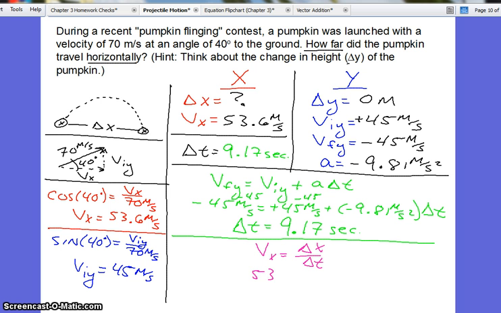Vx is 53.6 meters per second. Time is 9.17 seconds. And we can multiply them to get delta x, which is 491.7 meters. And we put a box around this so that we can quickly determine what our answer is.